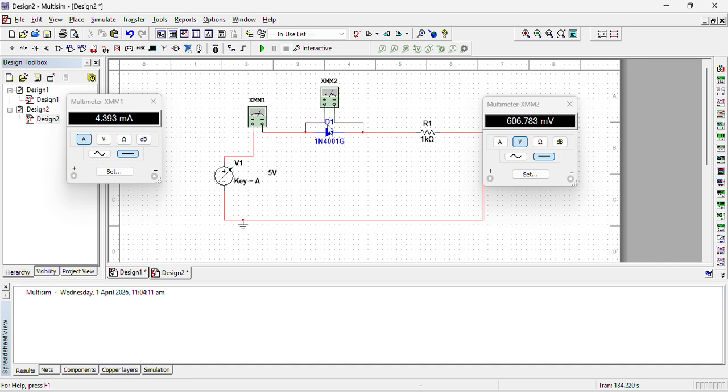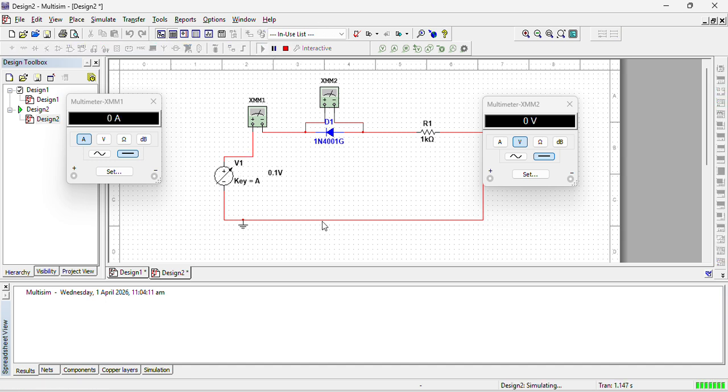We can either change the direction of the diode or we can change the direction of the supply. So as per our simplicity or convenience, we can do this. So let's connect the diode in the opposite direction. Now this is reverse bias, and let's again start the voltage from 0 and run it again.